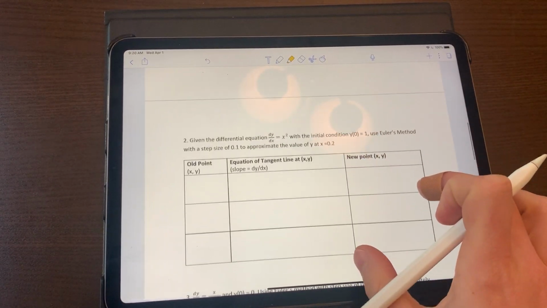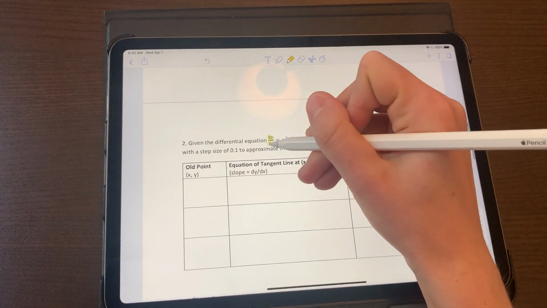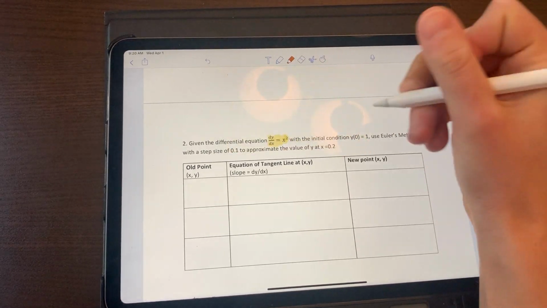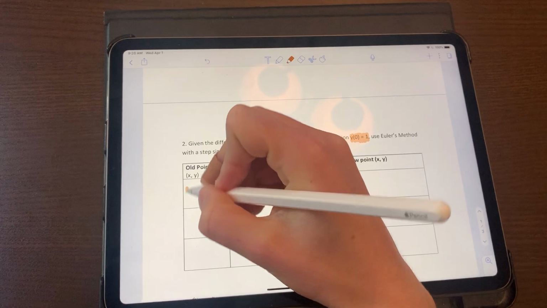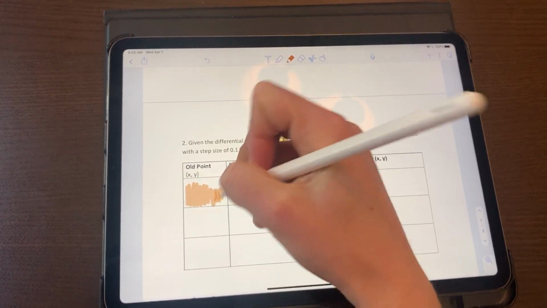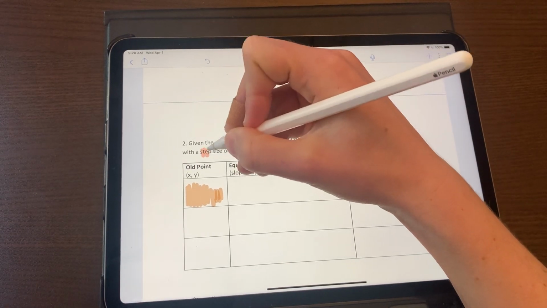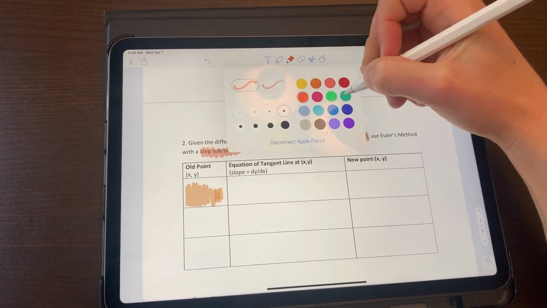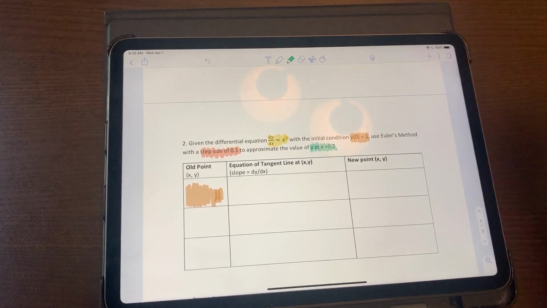Okay, so here we have, given the differential equation, dy/dx equals x squared, with the initial condition, y of 0 is equal to 1. This is telling us our first old point. Use Euler's method with a step size of 0.1 to approximate the value of y at x equals 0.2.